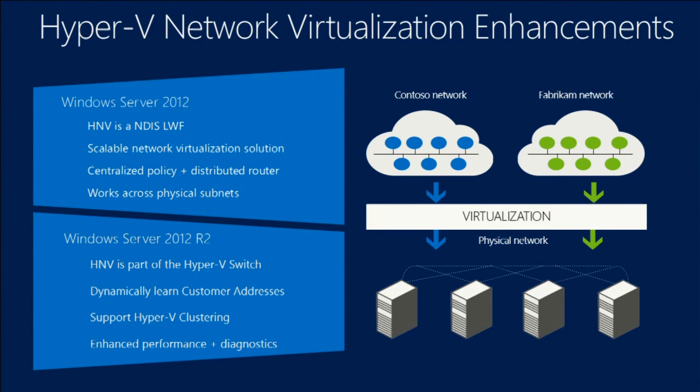Instead, we have this centralized management model. We centralize all the policies on SCVMM. It's up to SCVMM to push this policy to the Hyper-V hosts so the routing can happen on each host. Remember, I talked about this default gateway. The default gateway is a part of HNV. So each default gateway can route or bridge the traffic.